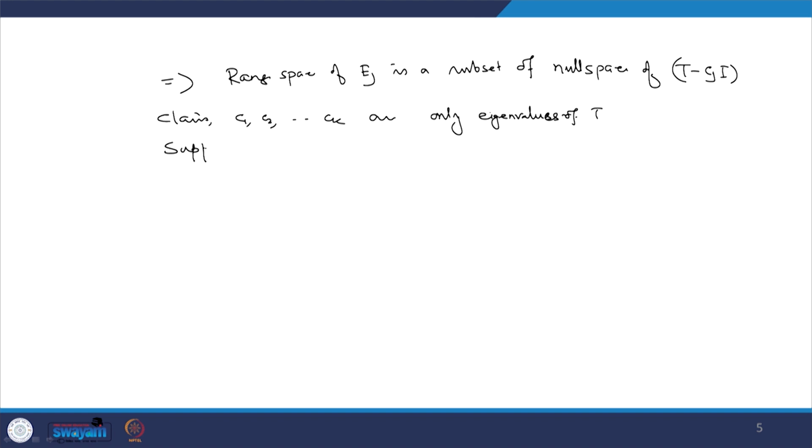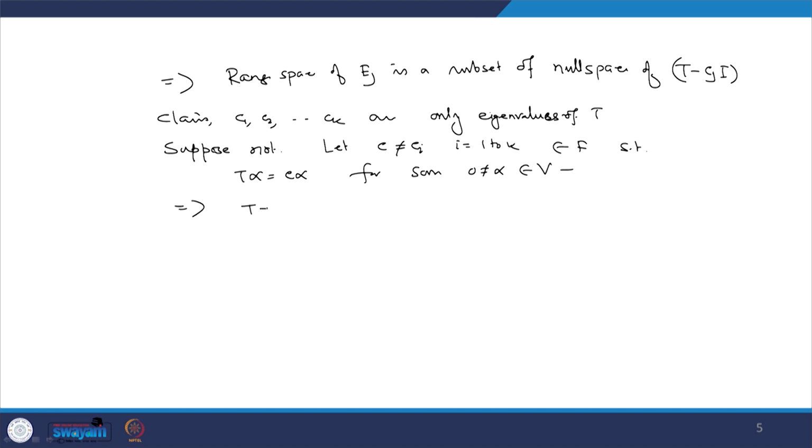Suppose not. Let C not equal to Ci, i equal to 1 to k, belongs to F such that T of alpha equal to C alpha for some 0 not equal to alpha belongs to V. So, this implies (T minus C I) operating on alpha equal to 0.